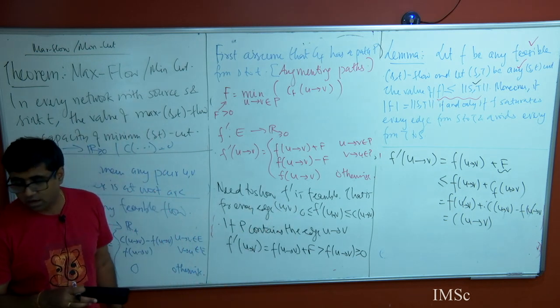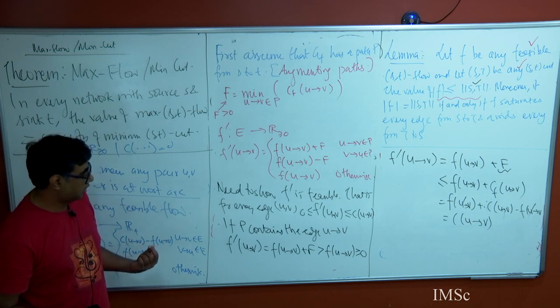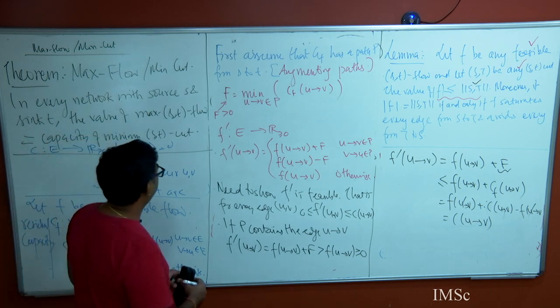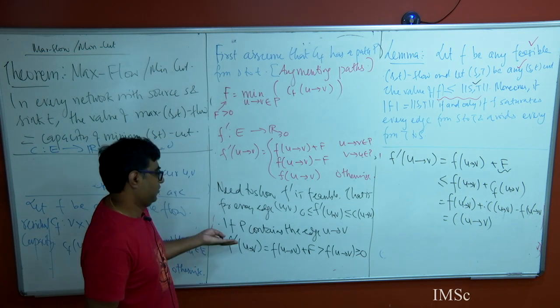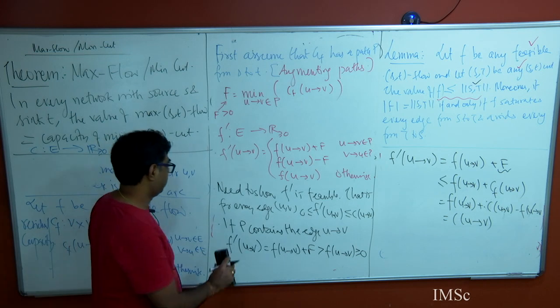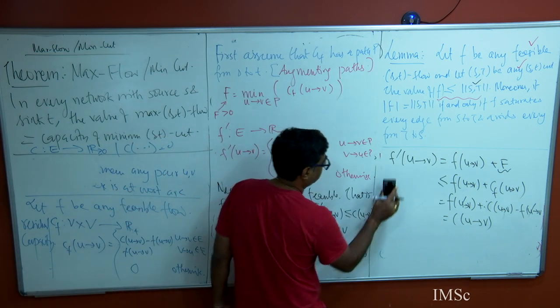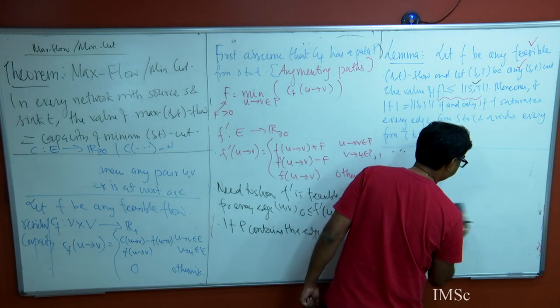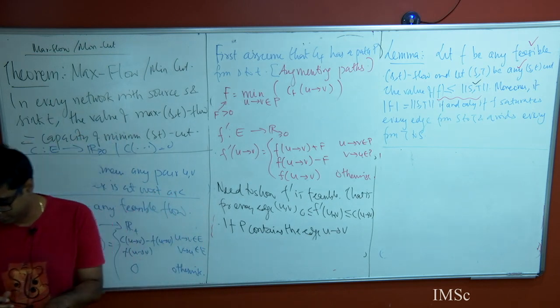Let's see the other case. If the augmenting path contains the reverse edge, I would like to keep this, it is simple, so I'm going to drop the rest. This is like our workspace, because then it is easy to verify, okay?